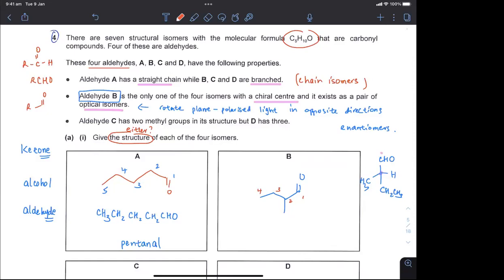Okay, no worries. So 4 carbons. So important carbon is 1, 4 carbons. So what do you name 4 carbon aldehyde? How do you name 4 carbon, Shakira?